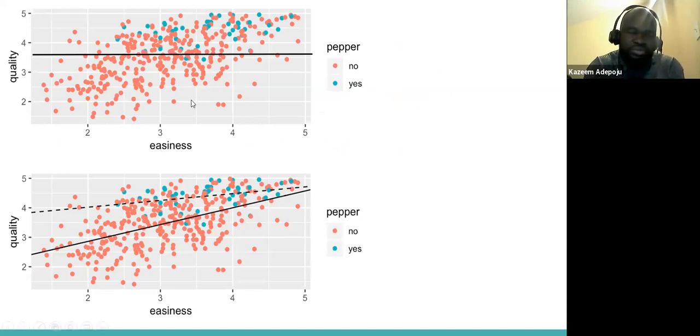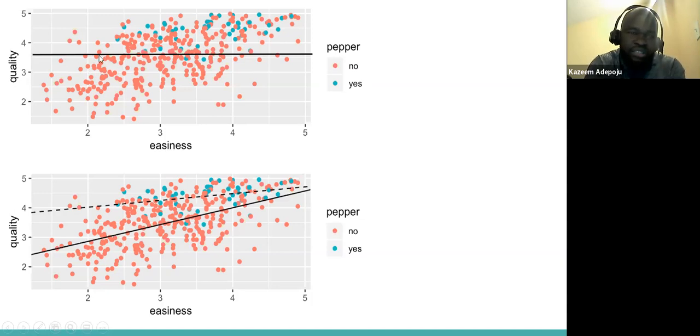Okay. Now let us split this thing into 2. Take a look at what I have here. This is quality. Okay. I plotted that against easiness. I'm putting into consideration that the paper is categorical. And this is the center. Take a look at that. The center here is just talking about the mean of the quality, the mean of the response.